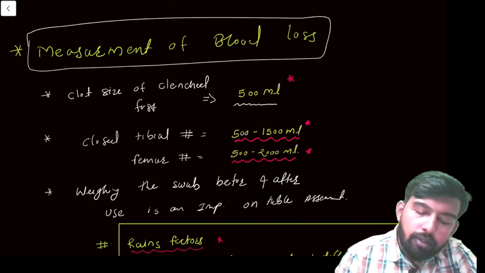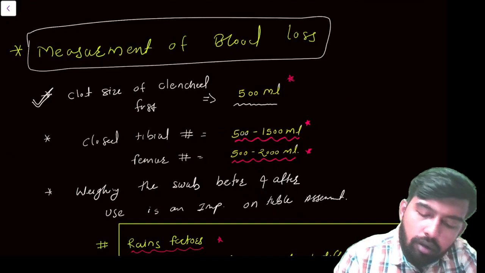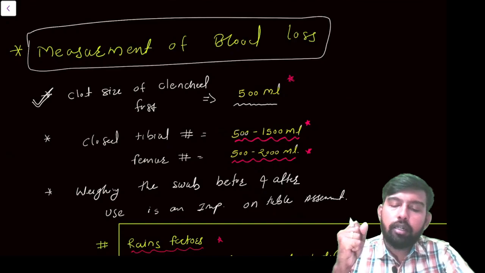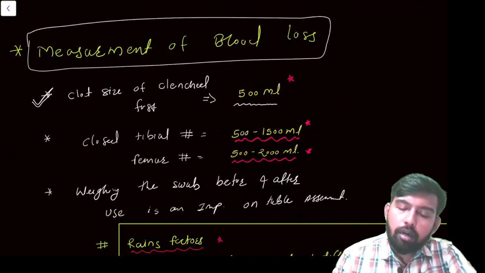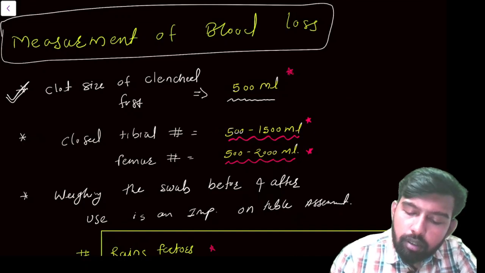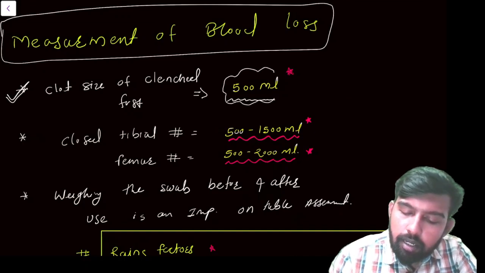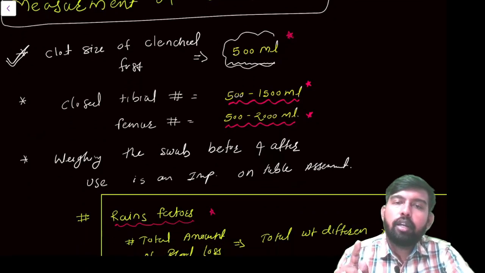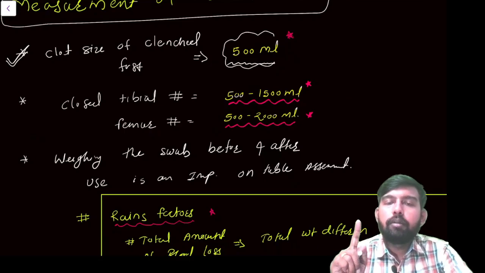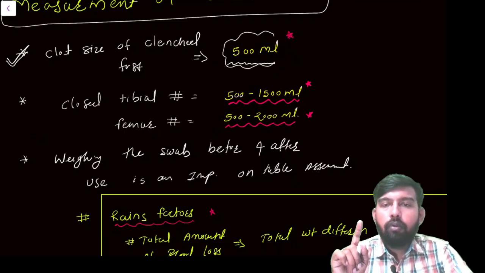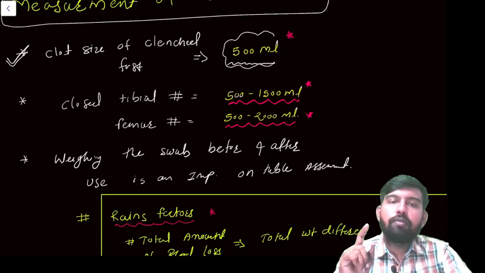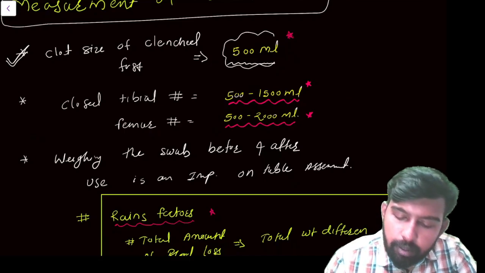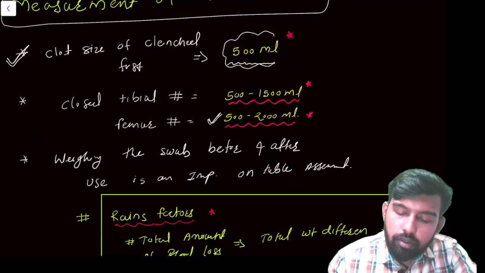A clot the size of a clenched fist corresponds to a blood loss of about 500 ml, and if there is a closed tibial fracture, the blood loss could be around 500 to 1500 ml. In case of a femur fracture, the blood loss could be approximately 500 ml to 2 liters of blood.